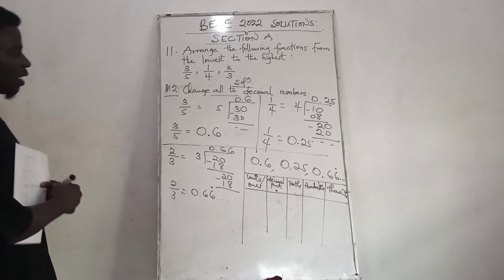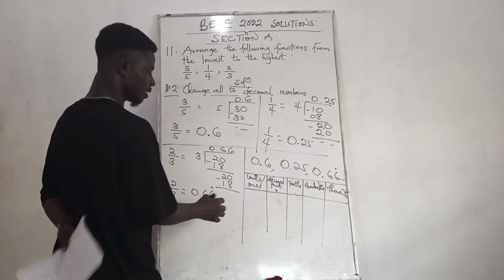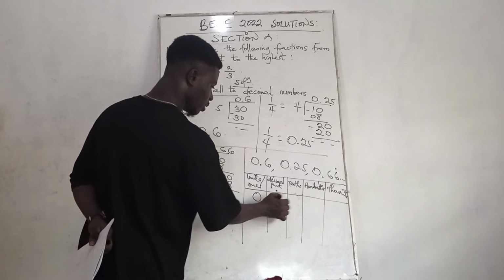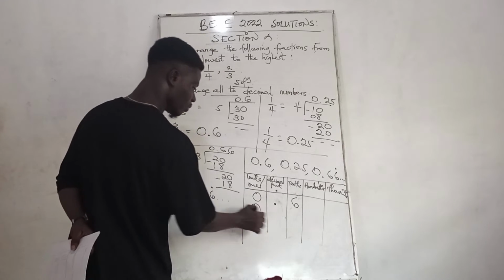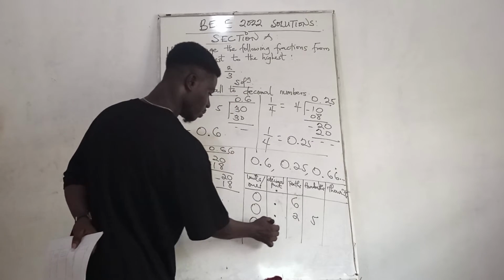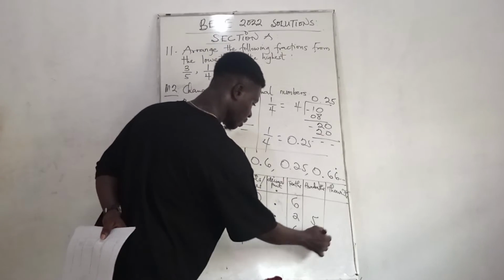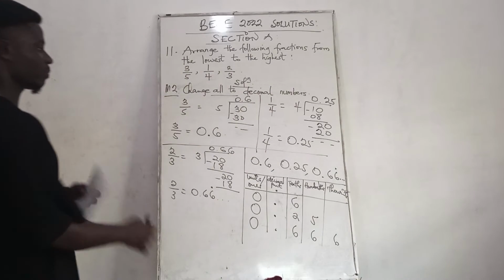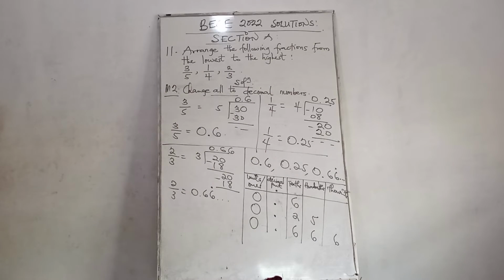So we have our place value chart. Now we are representing this one: 0.6, 0.25, then 0.666, right?